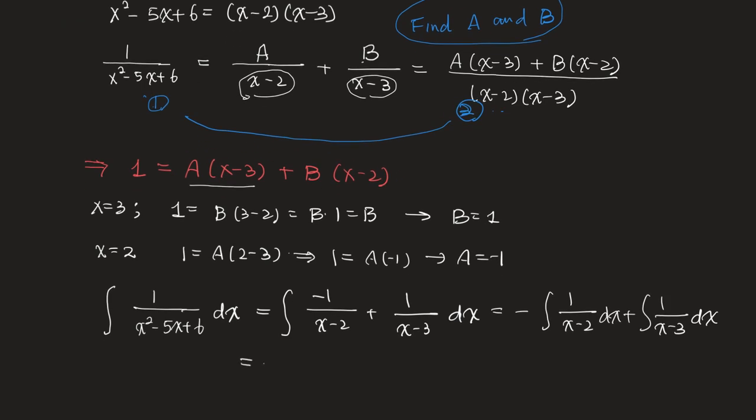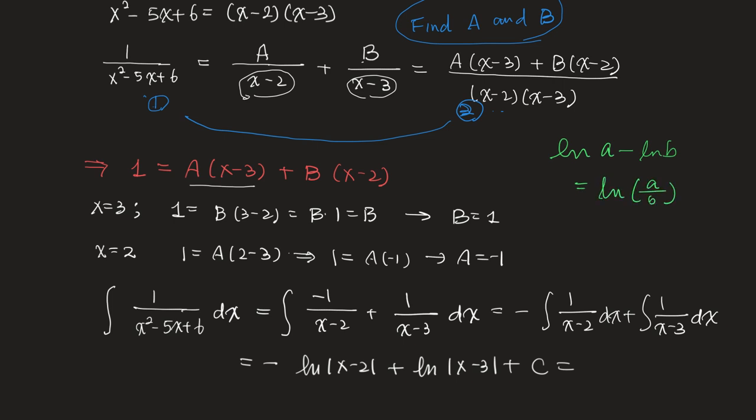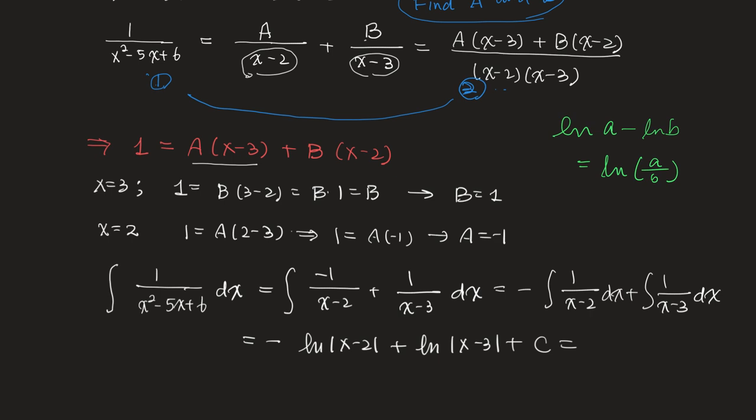So each one gives negative ln|x minus 2| plus ln|x minus 3| plus C. Put together, ln A minus ln B is ln A over B. Guys, remember the property of logs? So this is negative, this is positive: ln|(x minus 3) over (x minus 2)| plus C. That's how to solve this integration.